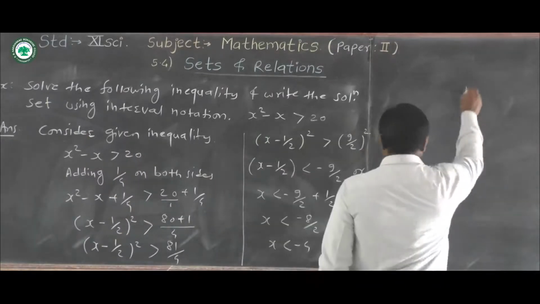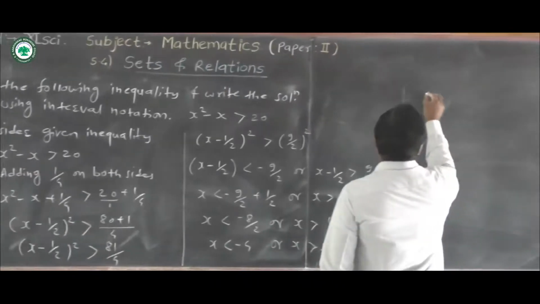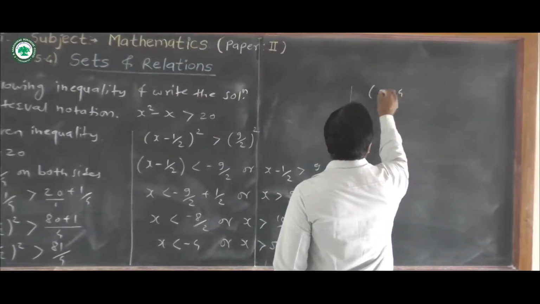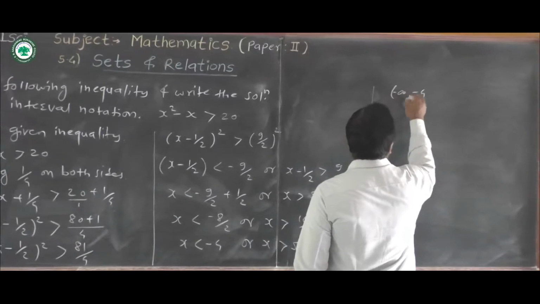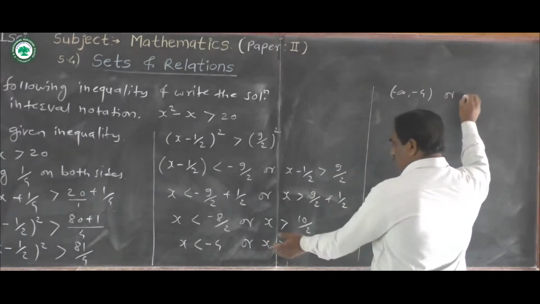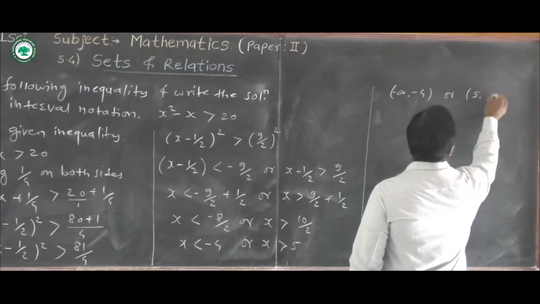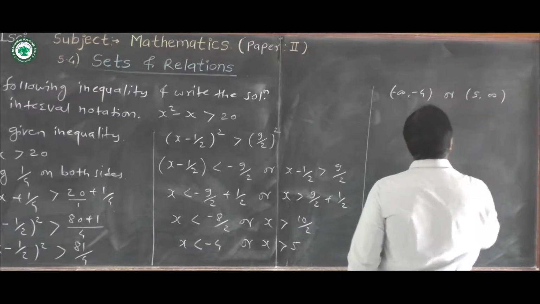That is, we can write here the values of x are minus infinity to minus 4, or x greater than 5, that is 5 to infinity.